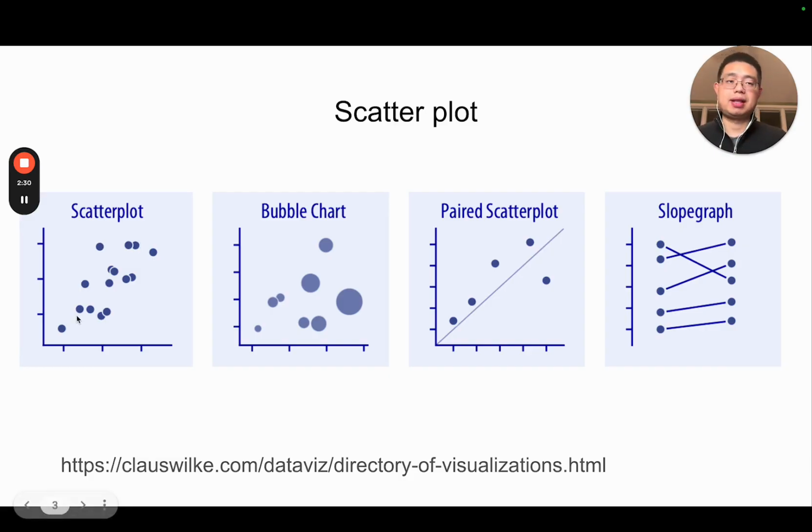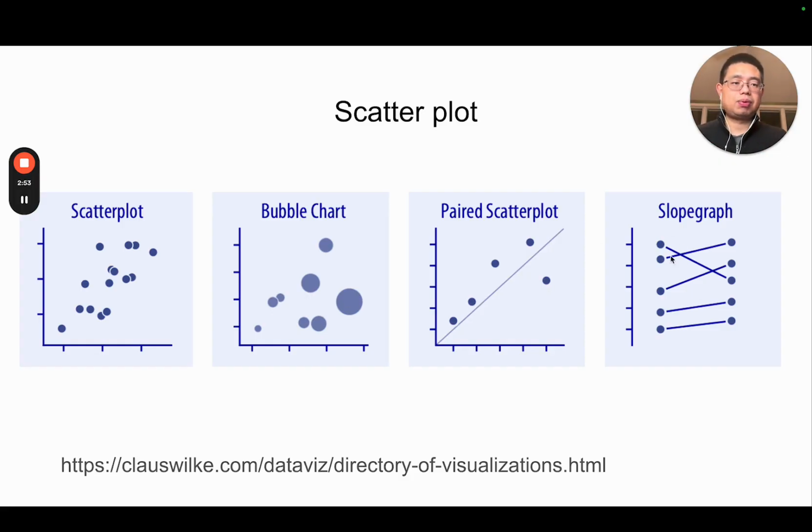So you're looking at whether those 2 genes are correlated, for example, across the samples. In the bubble chart, essentially, you are mapping a third variable to the size of the dots. For example, it could be the percentage of cells that express that gene.